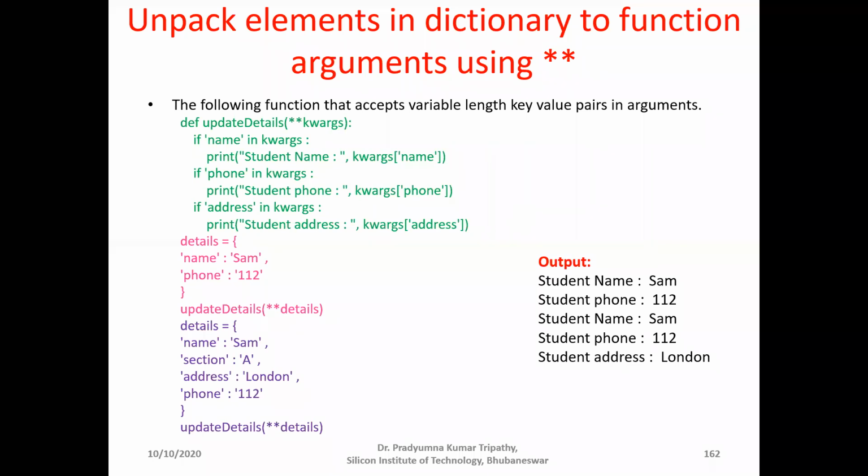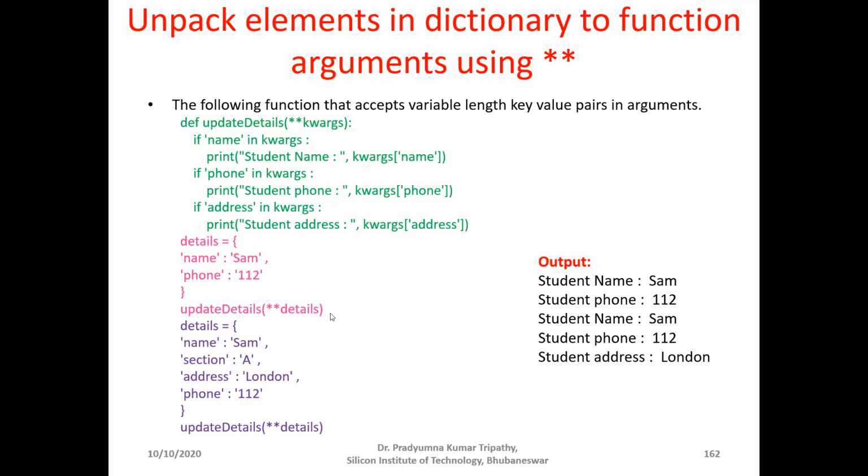The keys are actually being mapped. The first key goes to the first one in that way. But if you are using double star while receiving, then whatever you pass, you have 2 keys, 3 keys, 20 keys, it will receive as a variable length argument. You are sending variable length argument, receiving variable length argument, there is no problem.